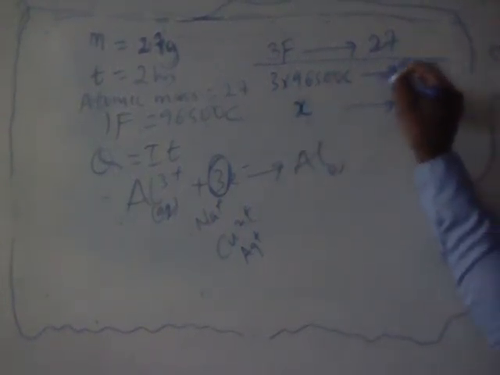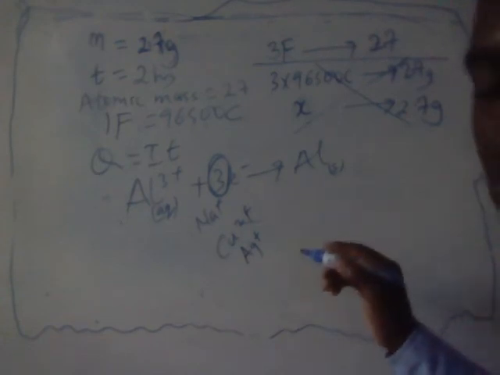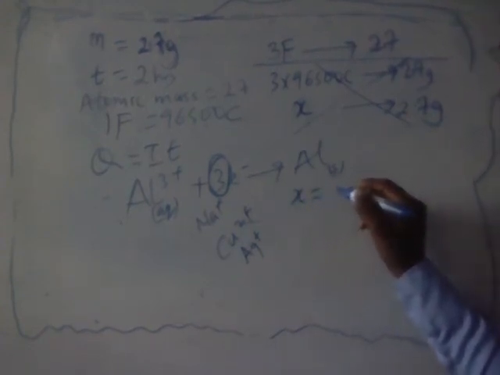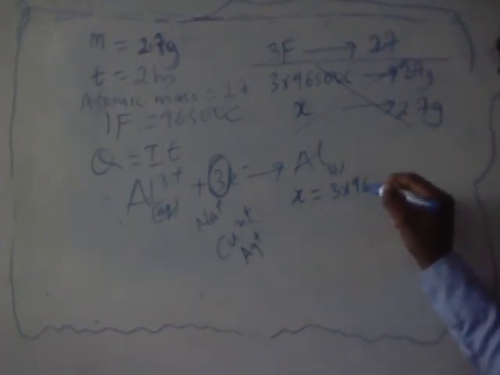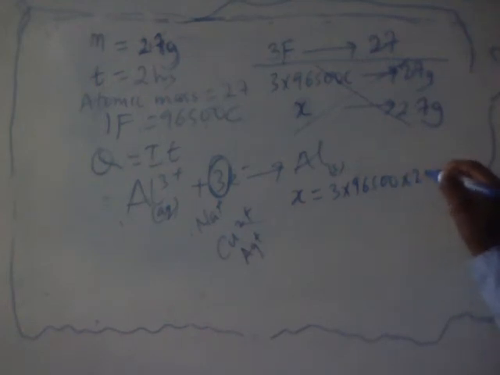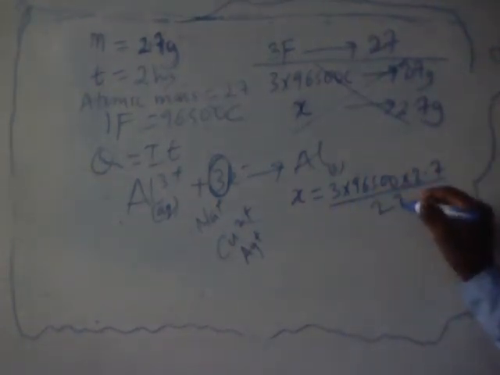When you cross multiply and make X the subject, you have X as 3 times 96500 times 2.7 over 27.